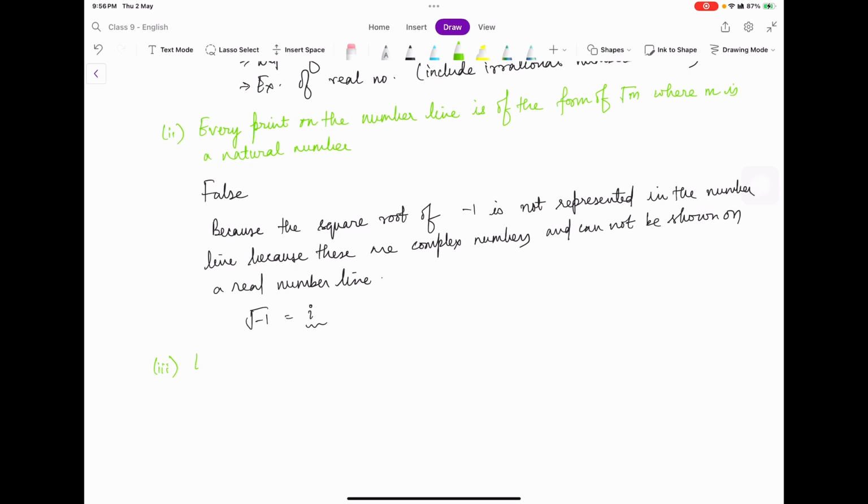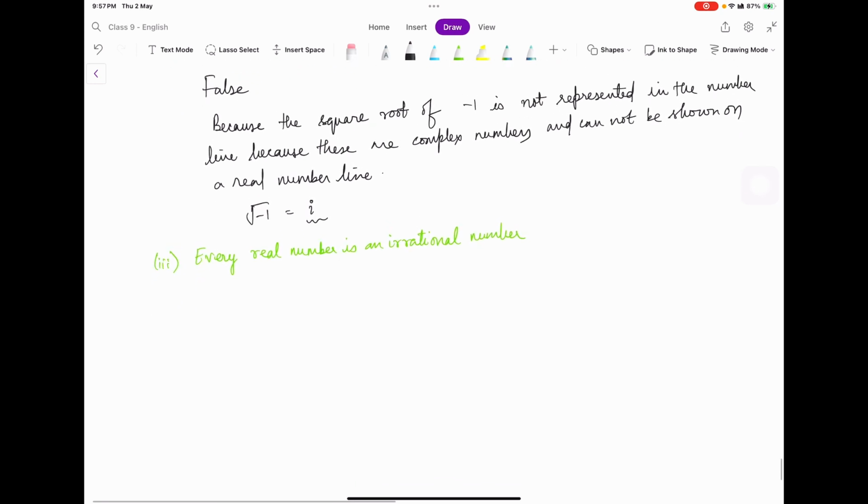Then the third question is, every real number is an irrational number. So see, I have already told you, real number consists of rational and irrational numbers.